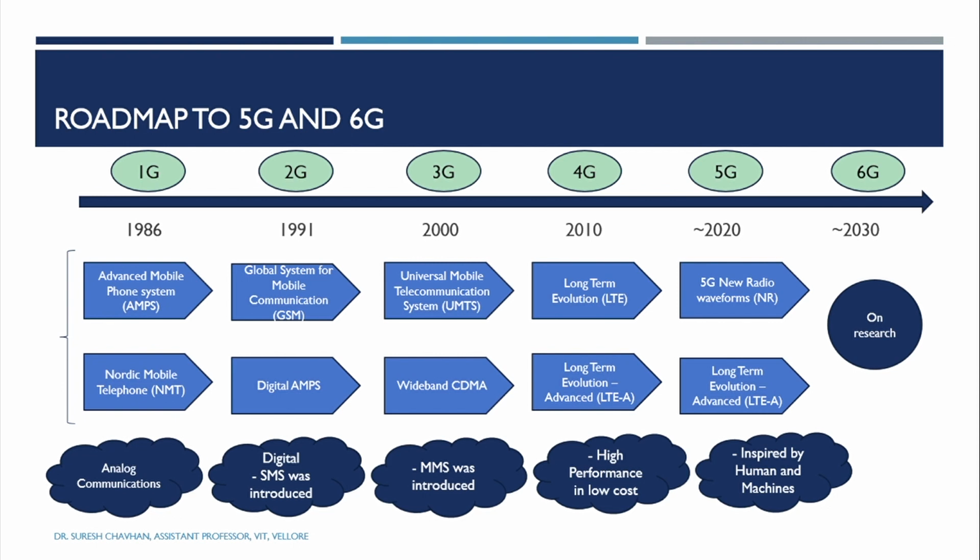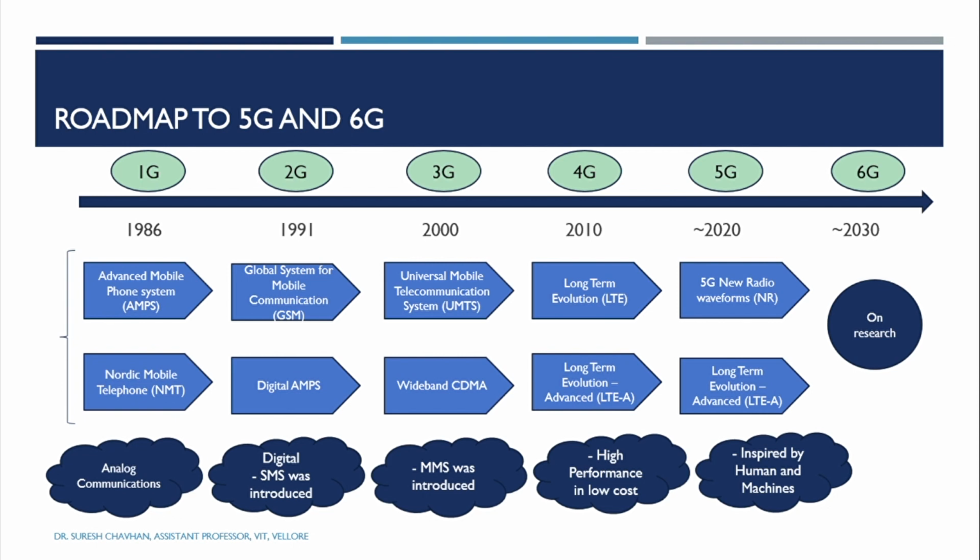There was huge research on UMTS, the Universal Mobile Telecommunication System, and wideband CDMA. Earlier there was just analog communication, then the introduction of SMS, and now audio was there, and we were able to send text. Why can't we send video? So that was introduced in 3G.